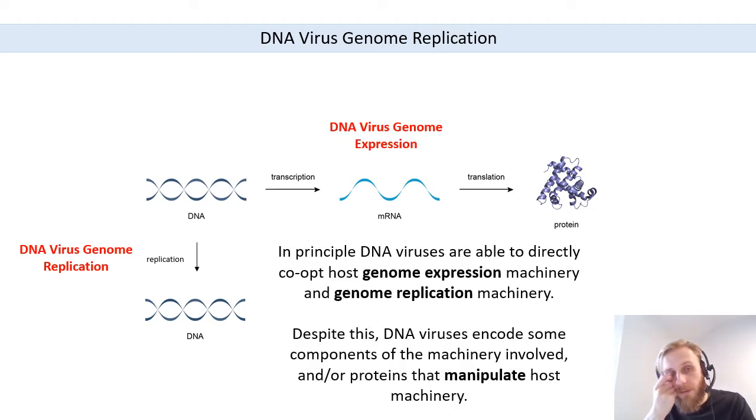So again, just this key phrase: in principle, DNA viruses are able to directly co-opt host genome expression machinery, which we've talked about, and genome replication machinery. However, despite this, DNA viruses will encode some of the components or machinery involved. Particularly for DNA genome replication, these viruses will encode at least some of the machinery that's required to engage with this process.